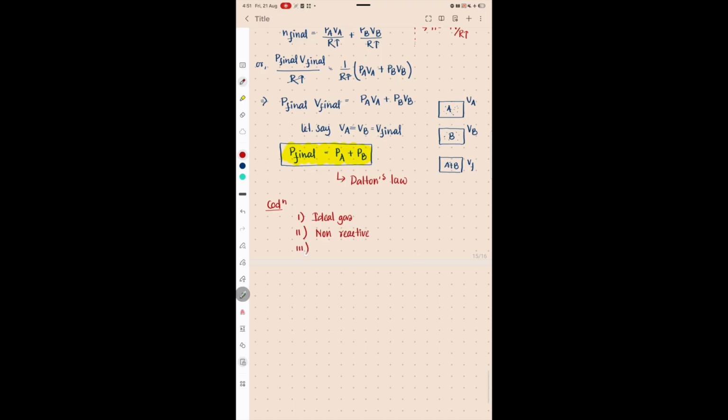Third is that temperature and volume have to be constant. I have already told that V final is equal to VA and VB, and obviously pressure is related to temperature. So in the final state, if you increase or decrease the temperature, the pressure will vary proportionally. To make this equation valid, the temperature in the whole process has to be constant.